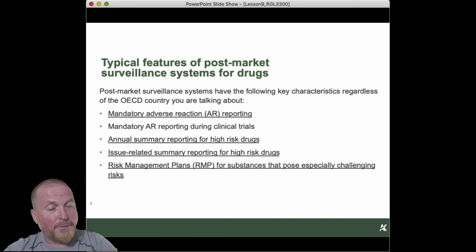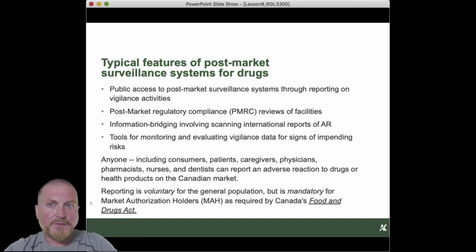So if the pre-market approval stage is known to be a high-risk drug, there may be additional post-market surveillance requirements. That's why I treat post-market surveillance as a life cycle concept. Issue-related summary reporting for high-risk drugs, risk management plans for substances that are especially challenging for risks, all right? These are all requirements that can emerge.